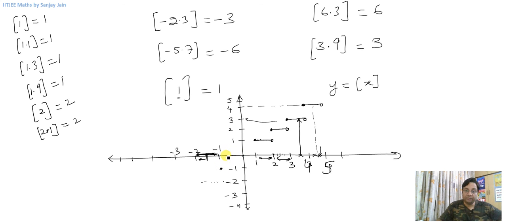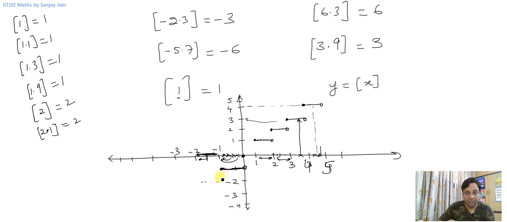Between 0 and minus 1, let us say you take this point. For all these points between 0 and minus 1, you will get minus 1 as your value, right? So let me put an open circle here and join this. Why did I put an open circle here? Because at 0, I will get 0 itself. I will not get minus 1. But for all these values, the greatest integer on the left of these values is minus 1, okay?